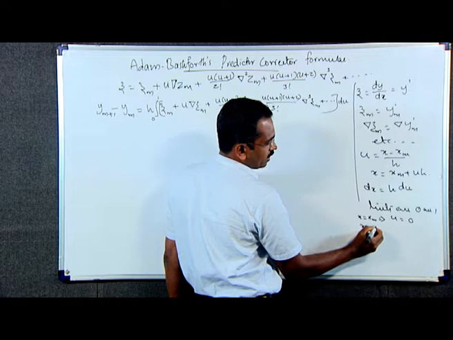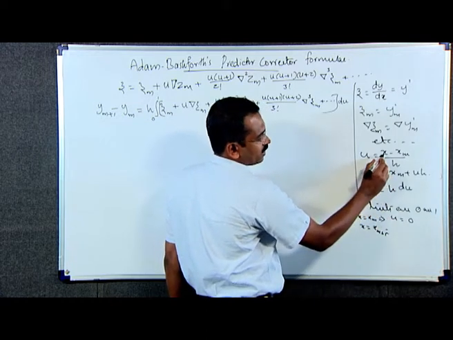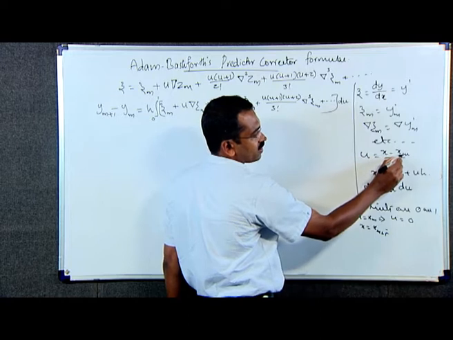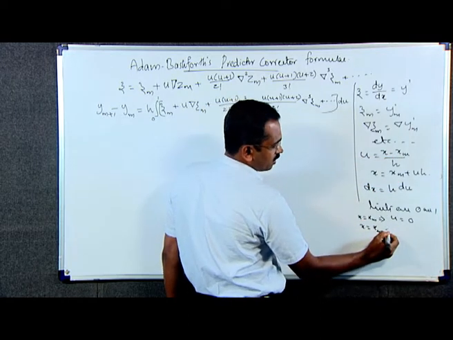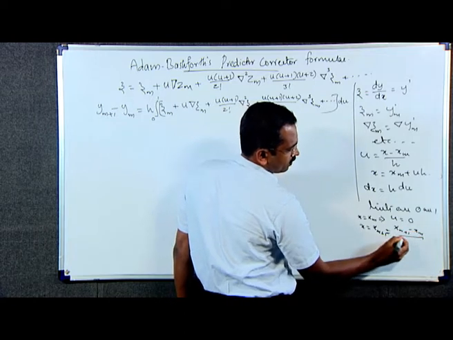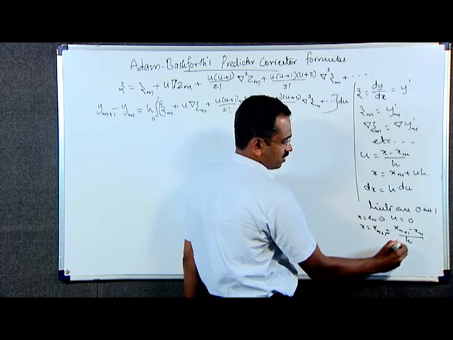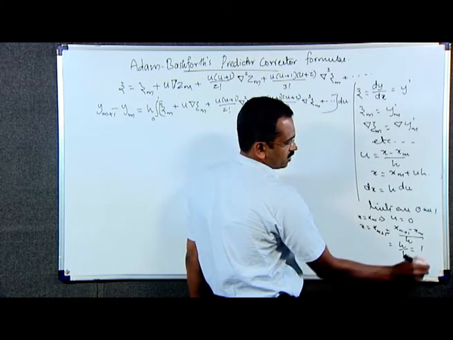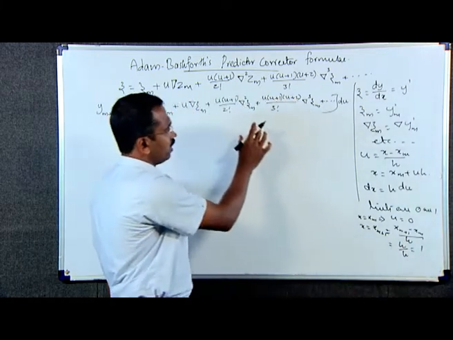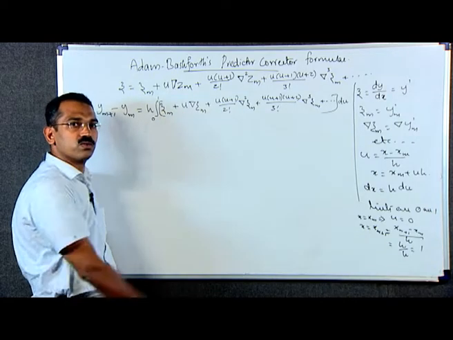When x is equal to xm plus 1, we will get xm plus 1 minus xm divided by h. Xm plus 1 minus xm means h divided by h, which is equal to 1. Therefore, the limits of integration will become 0 and 1.